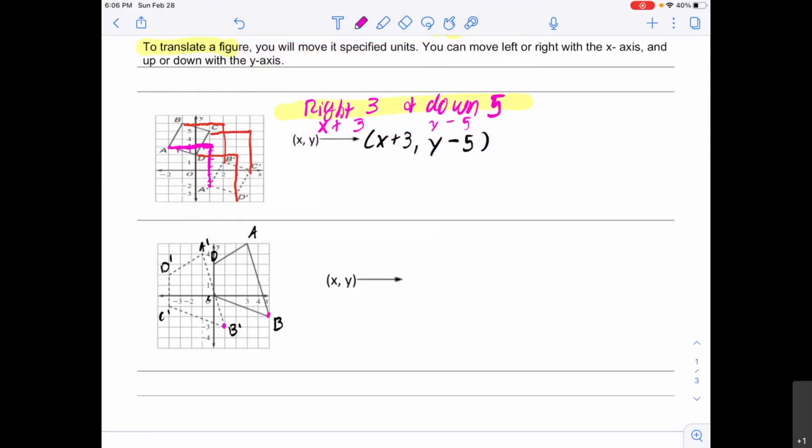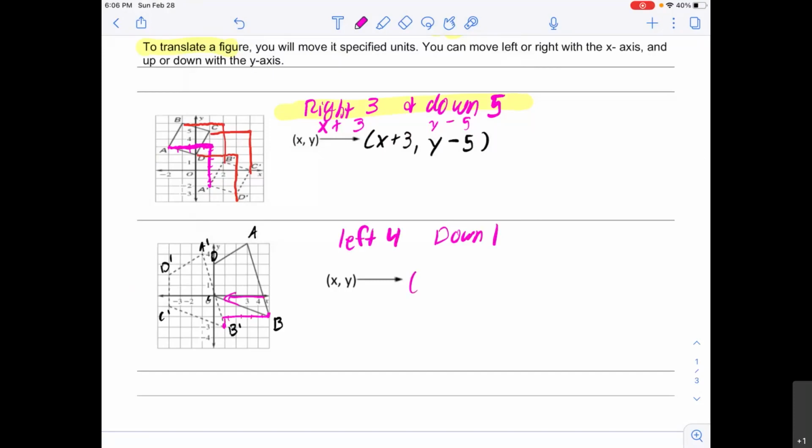All right, so let's look at this. To get from B to B prime, first I see that it moved left 1, 2, 3, 4. So left 4. Then it moved down just that 1. So down 1. Okay, moving to the left means that my numbers are getting smaller on my x-axis.